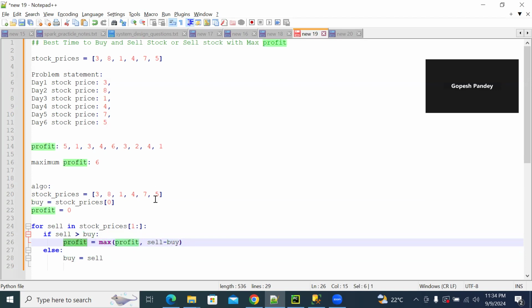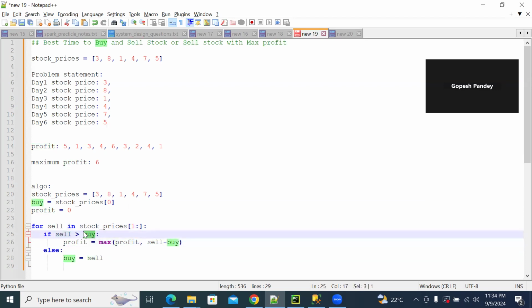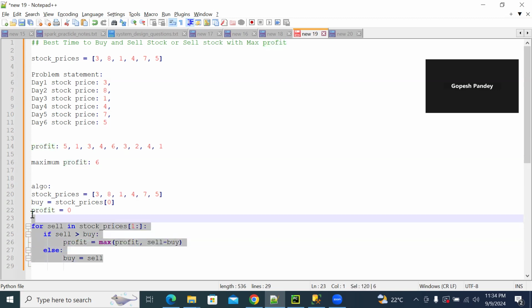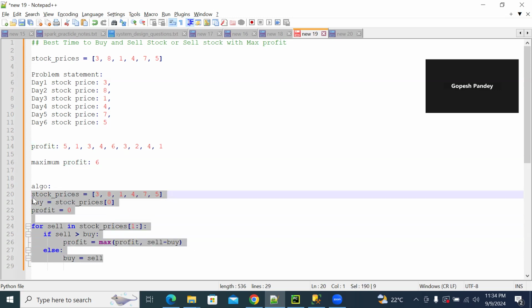Now you got 5 again. 5 is greater than 1, that is true. You came here. Sell is 5, buy is 1, so you get 4. Still 6 is bigger. So you will get your final output as 6.